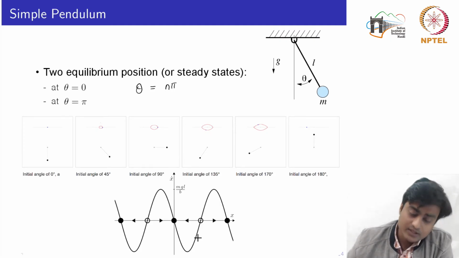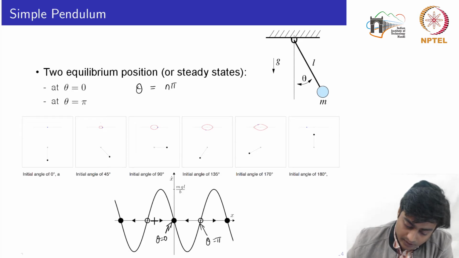This we can also see in this figure, that this point is theta equal to 0 and this point is theta equal to pi. So if I initialize at any point just before 180 degrees, the motion will always settle down in this direction.